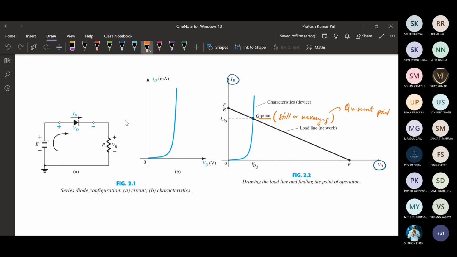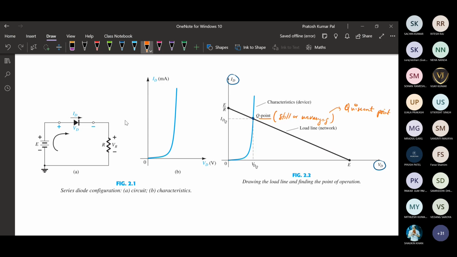Quiescent point means the point that will not be changing. Once we have applied the DC voltage to the diode, this is the point at which we analyze its properties. At this point, we find the current flowing through the diode and the voltage drop across it, which are the DC diode characteristics for an applied DC voltage.